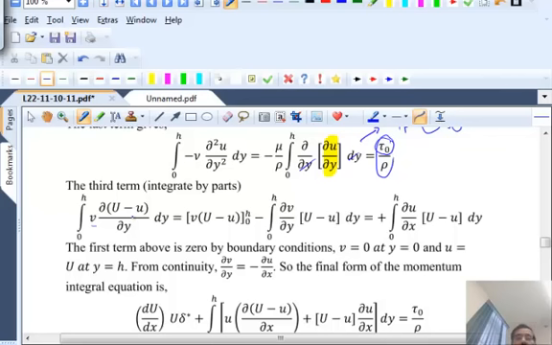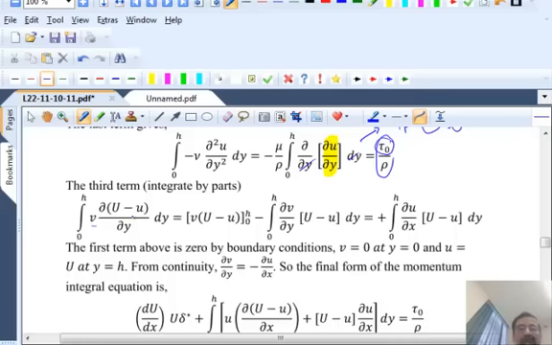Now I need to do this by integration by parts because I have a product of two terms, v and d dy of this. If you remember the integration by parts, you call this f, this one g, then by parts will be fg minus g times df dy. You need to recall the integration by parts.